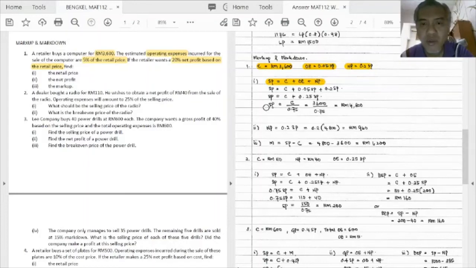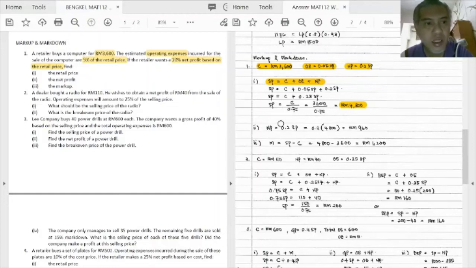Multiplication becomes division, so you have C divided by 0.75. Substituting C with 3600, you get the selling price to be 4800. That is the answer to the first part of the question.